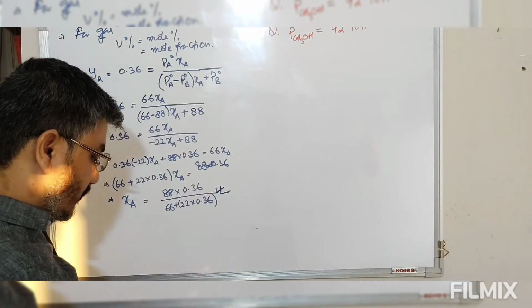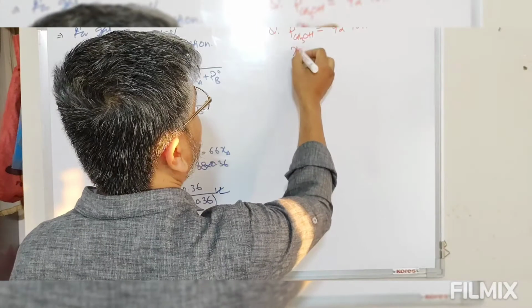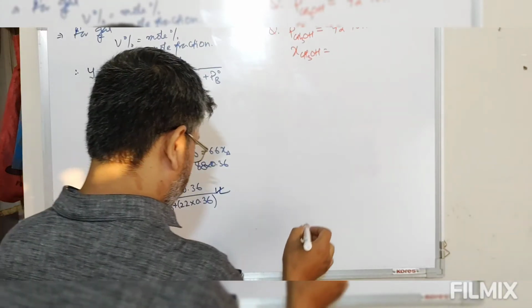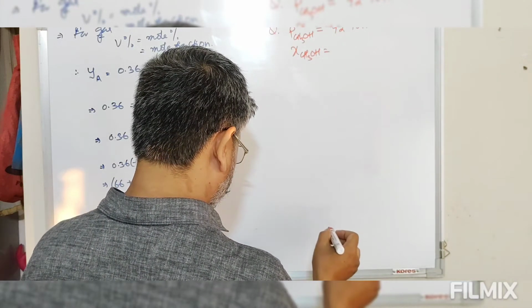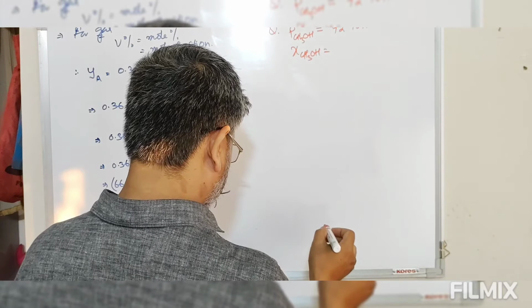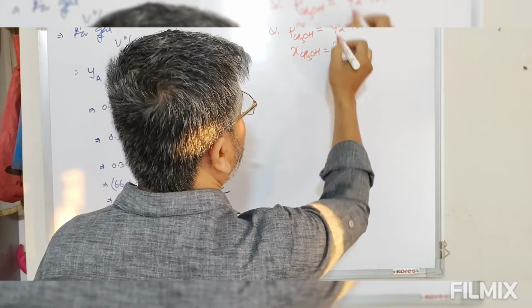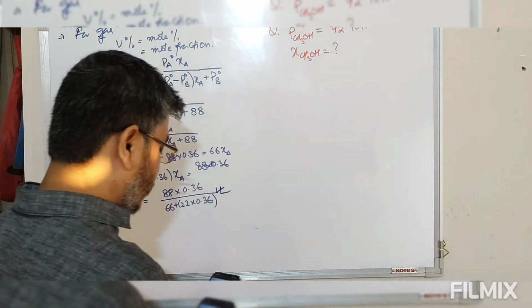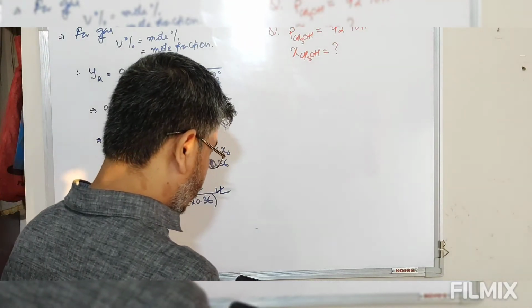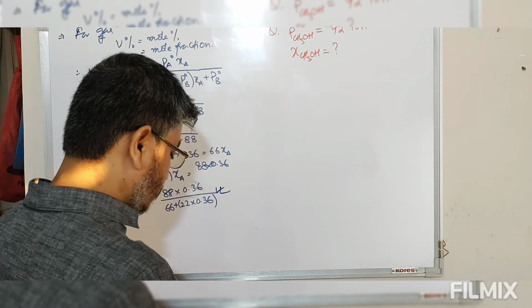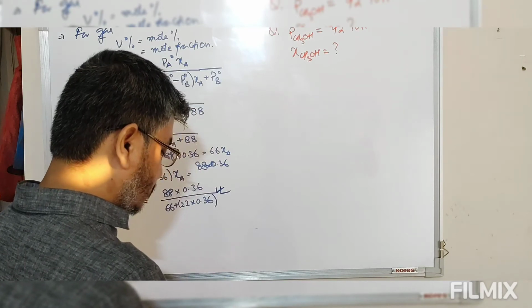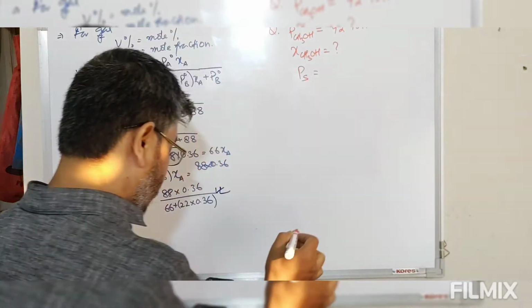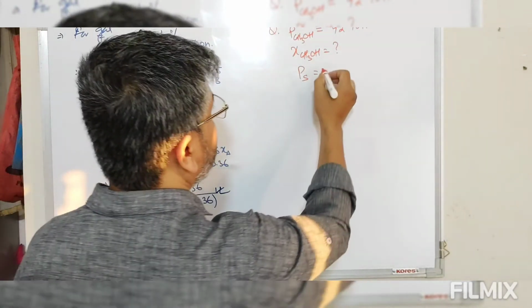The mole fraction of methyl alcohol, CH3OH, in the solution is to be found, provided the vapor pressure of the solution is given as 23 torr.